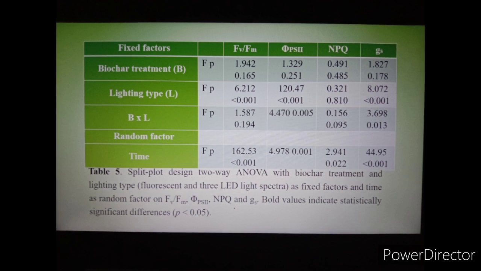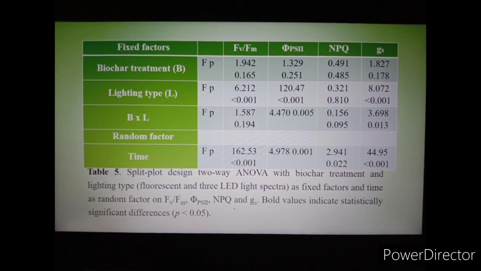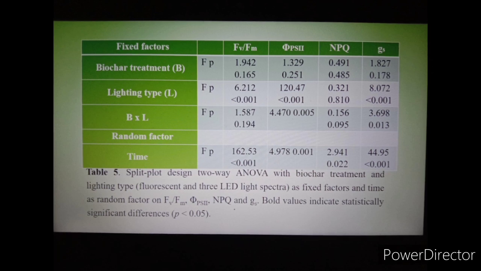0.05. In the present work, we assessed various morphophysiological traits of Pisum sativum seedlings in response to biochar amendment under the different light spectra provided by LED and fluorescent lighting systems. As shown in the data, lighting type alone significantly affected photochemistry activity and stomatal conductance.